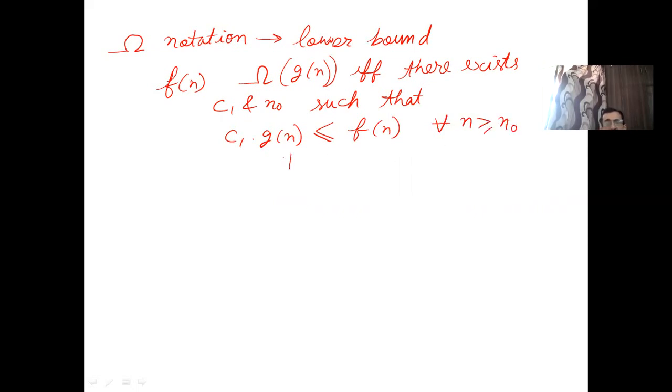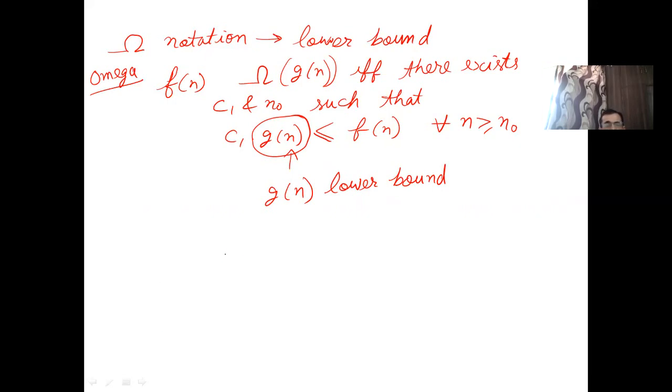It means g(n) is the lower bound. So at minimum this much time complexity with the dominating term is guaranteed, and if I am able to find that as a lower bound, this is what omega notation means. So this is called omega.